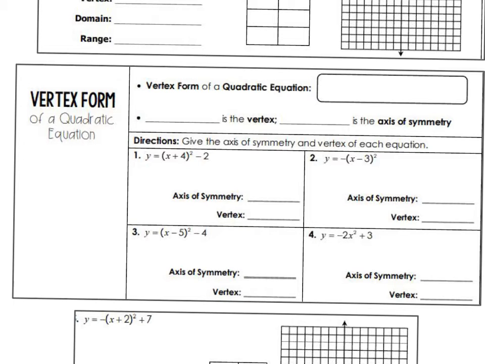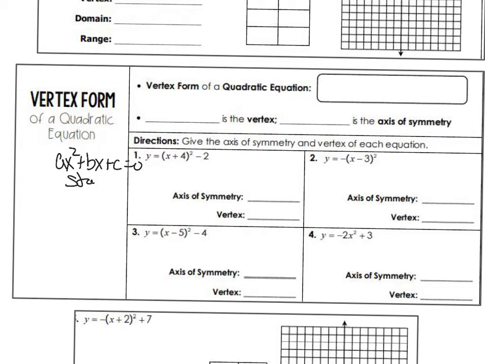Alright, we're going to start part 3 of the 7-8 review. And we left off on the last video with vertex form. We know that we have standard form of a quadratic, which is ax squared plus bx plus c equals 0.